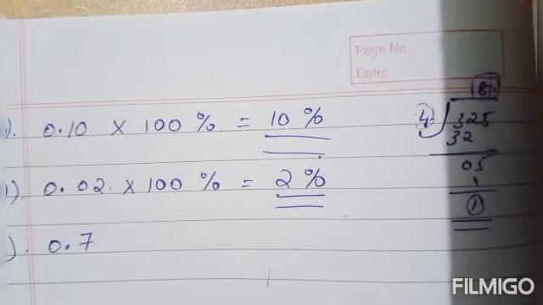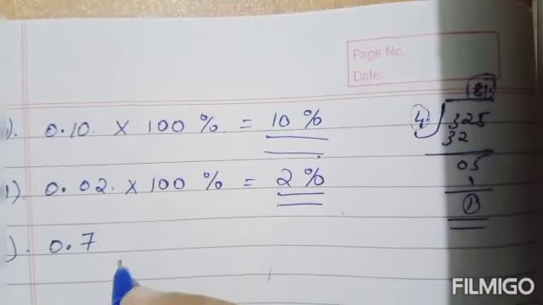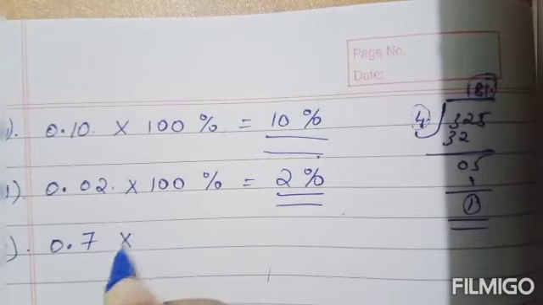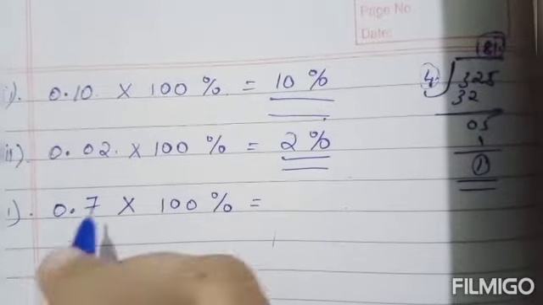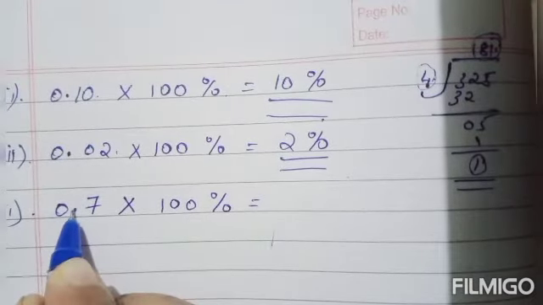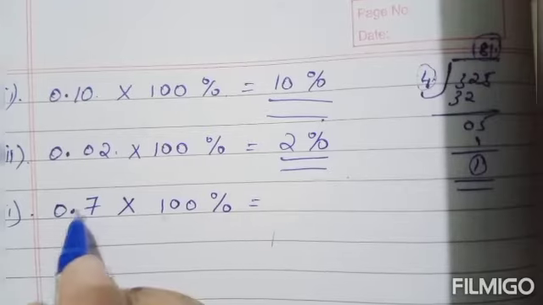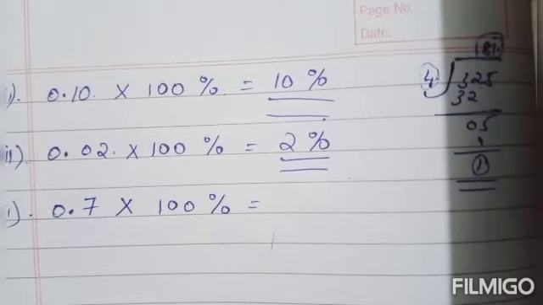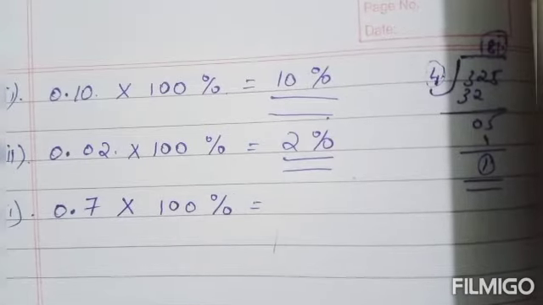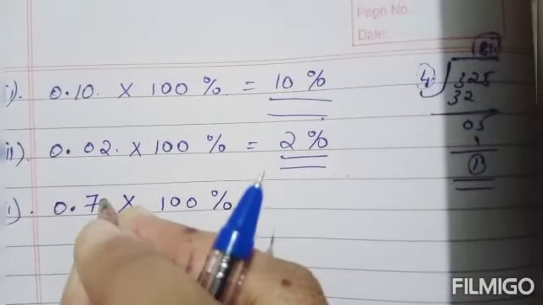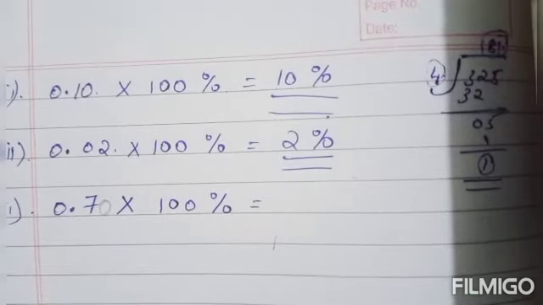Next, third one, 0.7. In order to convert this to percentage, multiply by 100. Multiplication by 100, the decimal point will move 2 places to the right. So this is 1. Now in order to get the second place, you have to put 0.